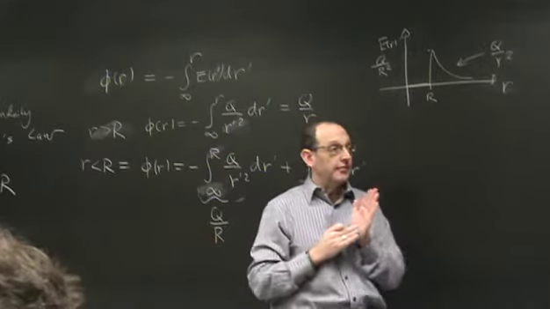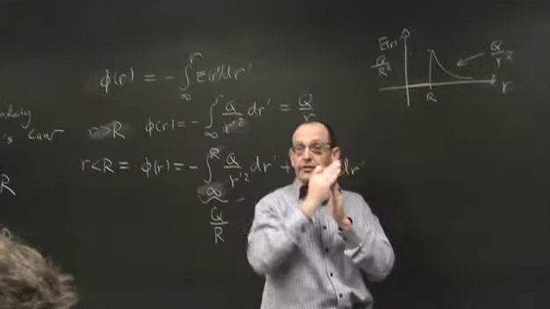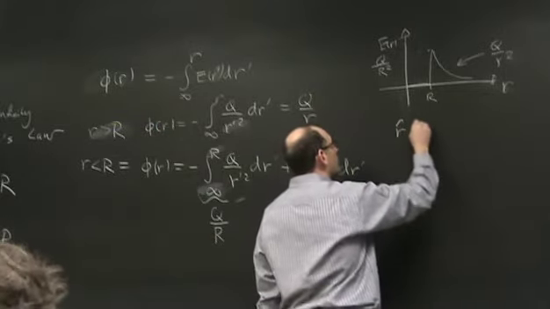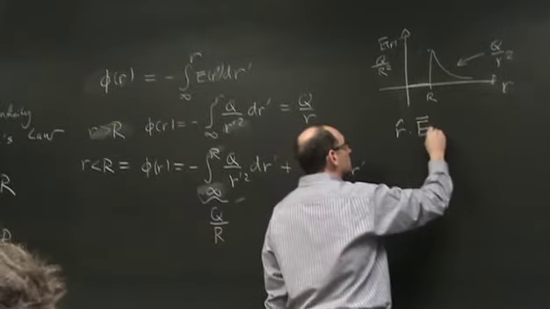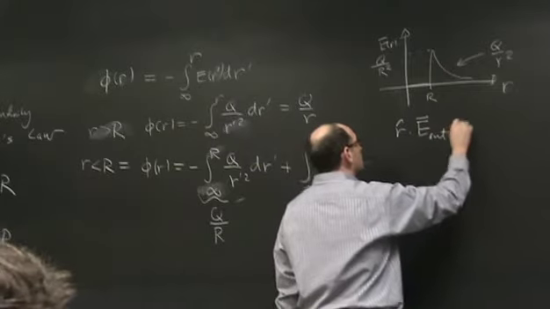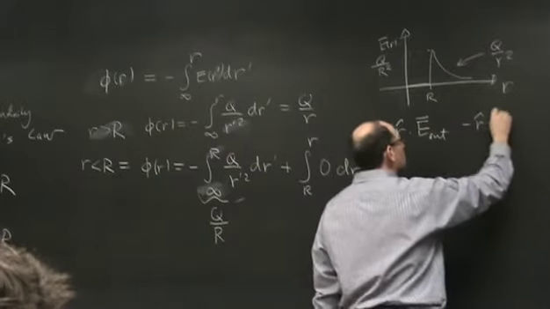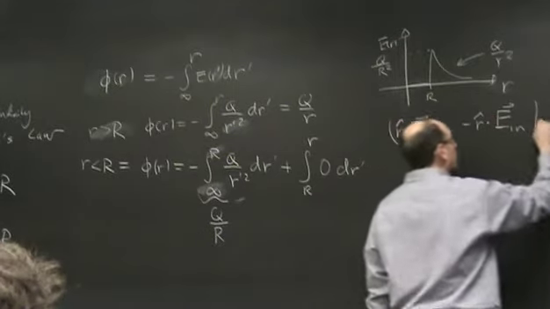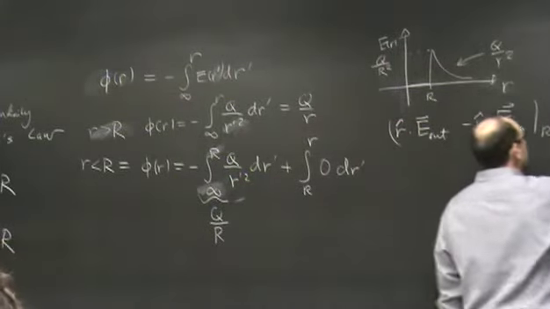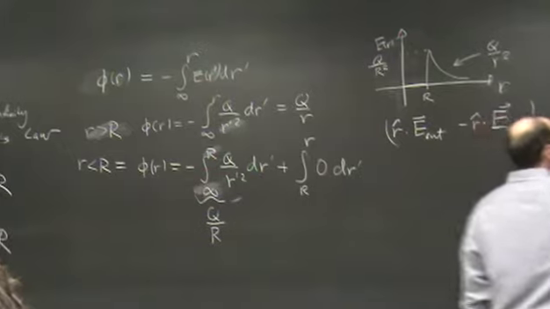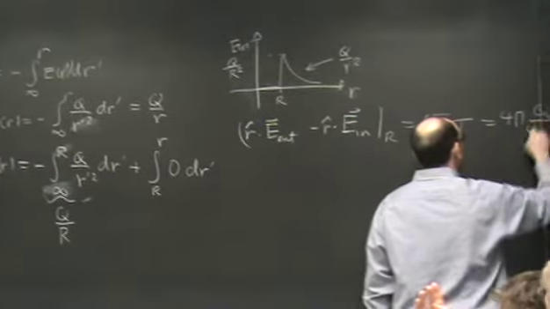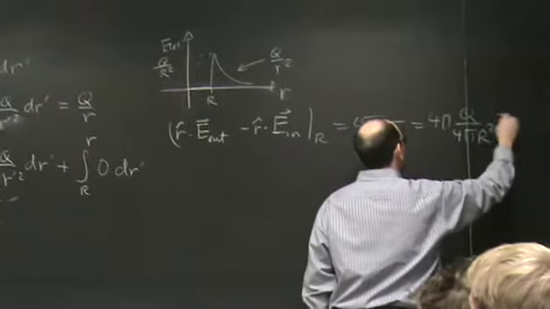The component of the field perpendicular to the surface, normal to the surface, is 4 pi times the surface charge density, which is 4 pi times Q over 4 pi r squared, or Q over r squared.